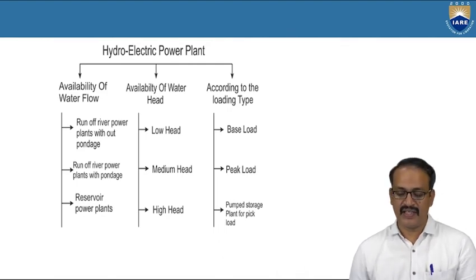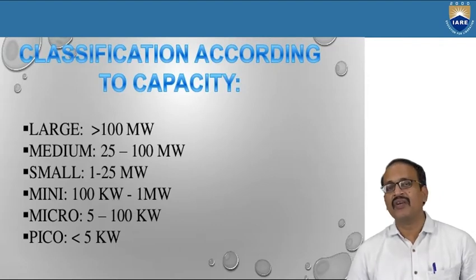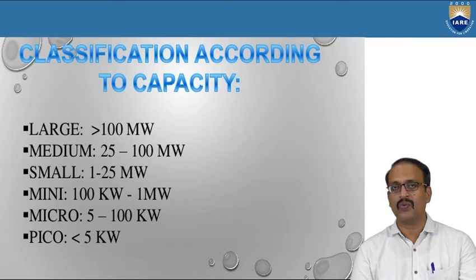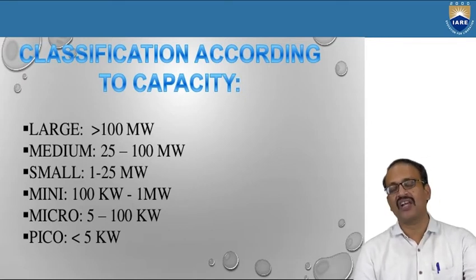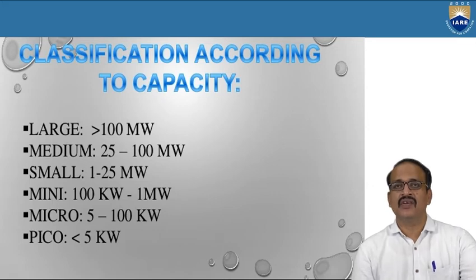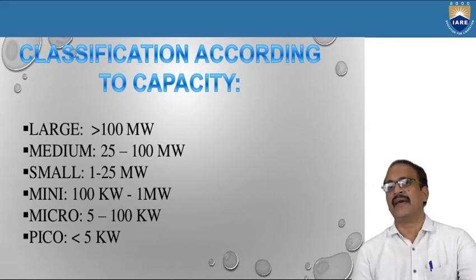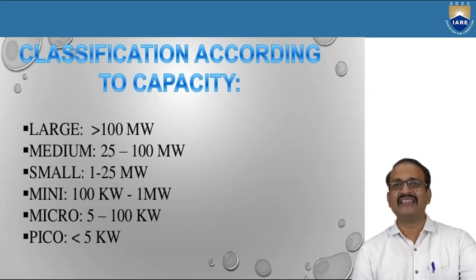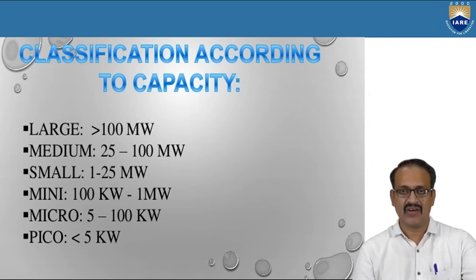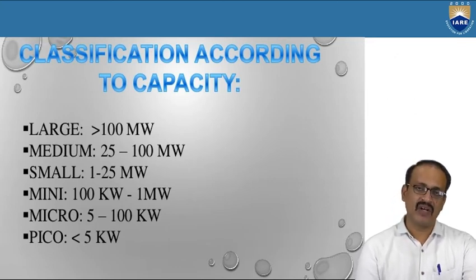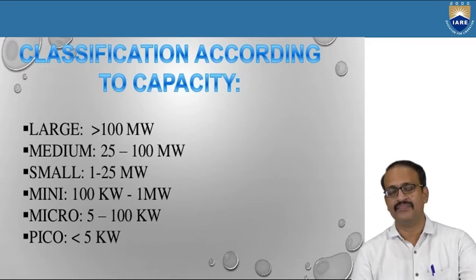So based on the load they are going to meet, we can also categorize these hydropower dams. First we have discussed based on the capacity. What is that capacity? We have told it is a large dam, a medium dam, a small dam, a mini dam, a micro dam, a pico dam.